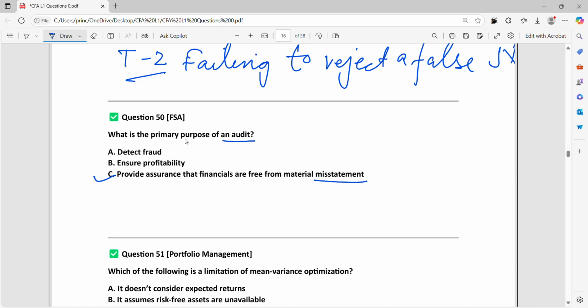These are secondary, not primary. Whenever we make any investment, we go through the financial report, and when the financial report is audited, then we can trust it. So to make any investment we follow the financial report, and we can simply say it is fairly correct if a person has done the audit, mainly a CA in India.